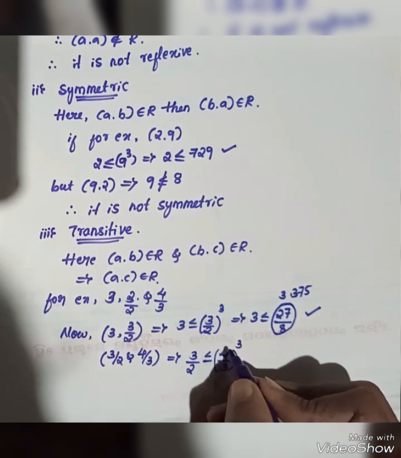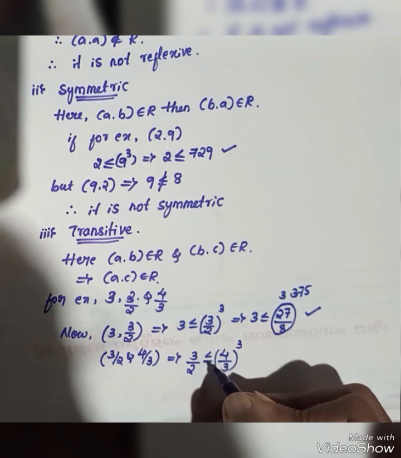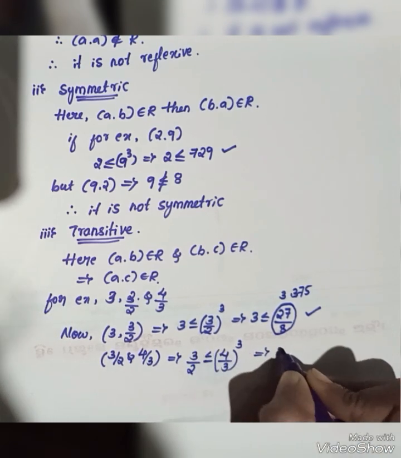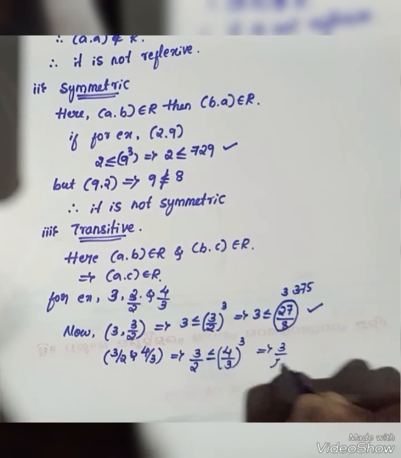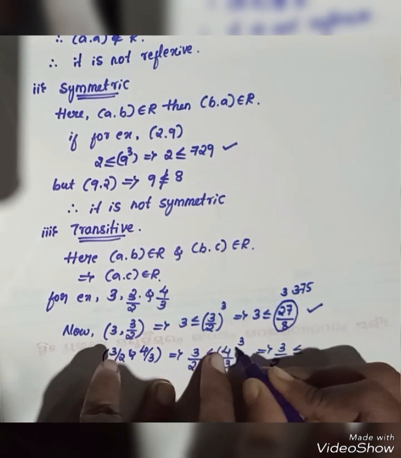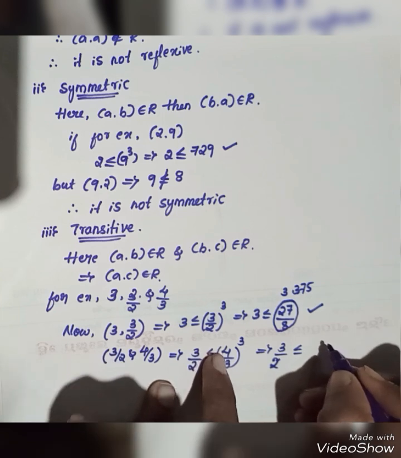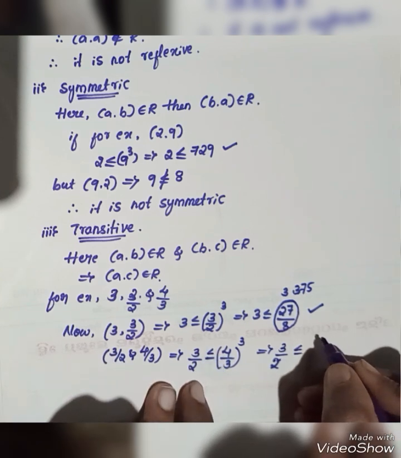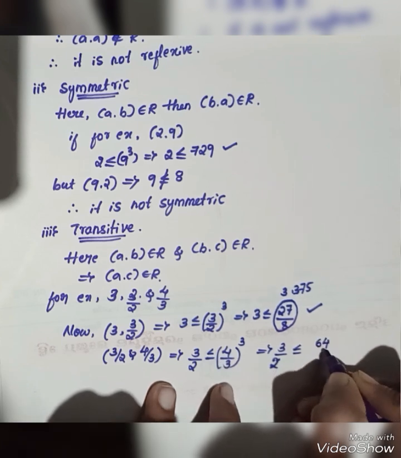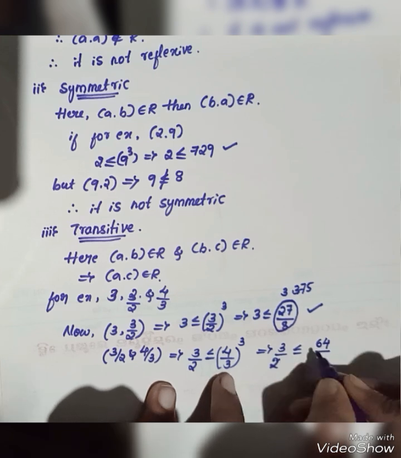Okay. Here the 3 by 2 value is taken. 3 by 2 is always less than 4 cube, where 4 is multiplied 3 times. 4 fours are 16, 16 fours are 64, divided by 3 cube.